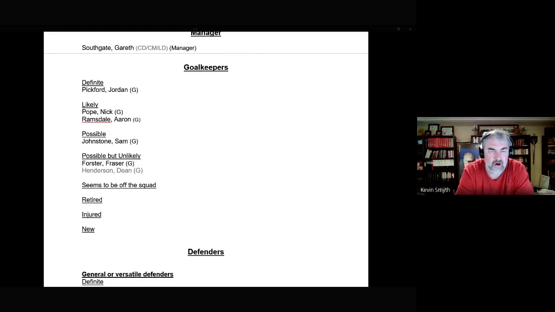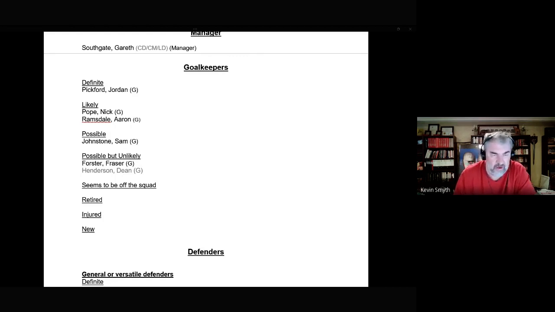So he has a longer history with England. He was on the roster for the 2014 World Cup and 2016 Euro Cup, but he was on the bench for both of those. And then he wasn't selected for the 2018 World Cup or the 2020 Euro Cup. So a brief appearance earlier this year in March, but it doesn't seem to indicate that he's making his way back onto the squad.